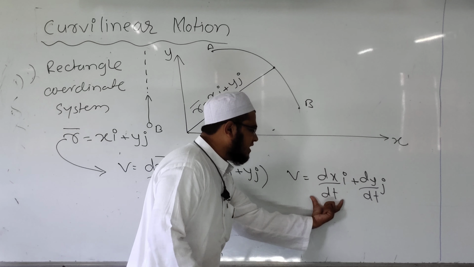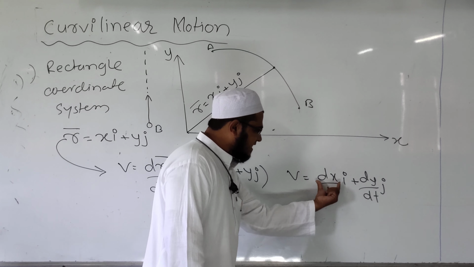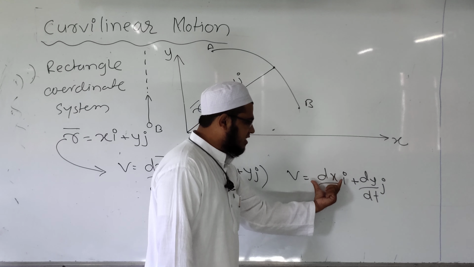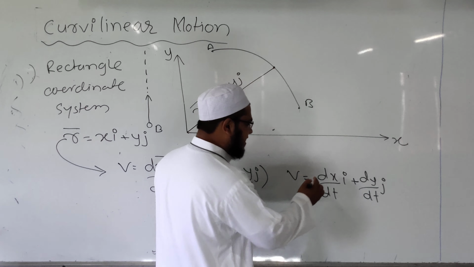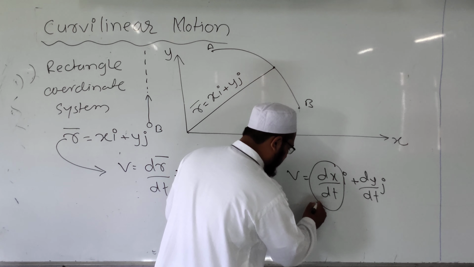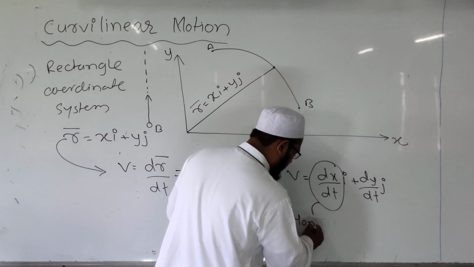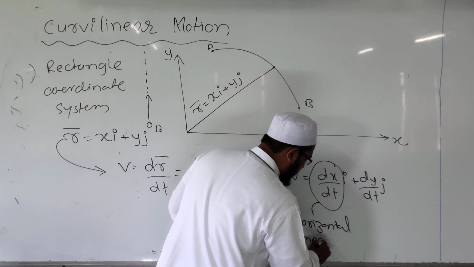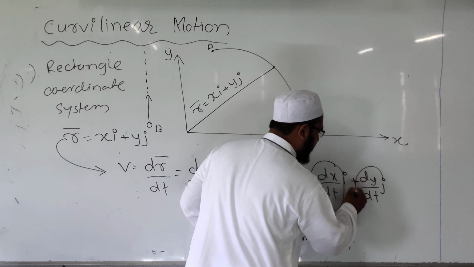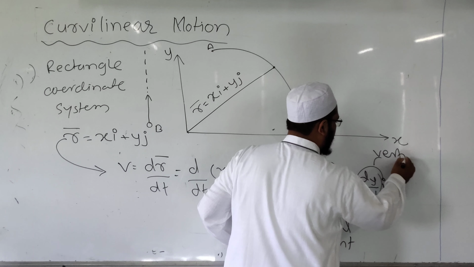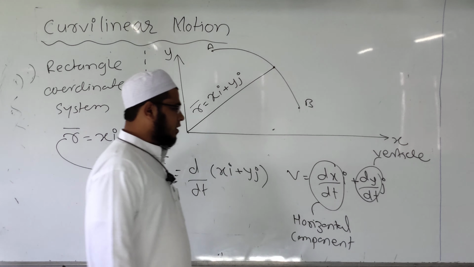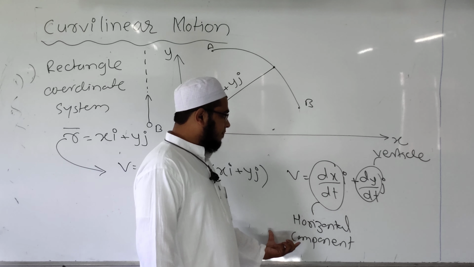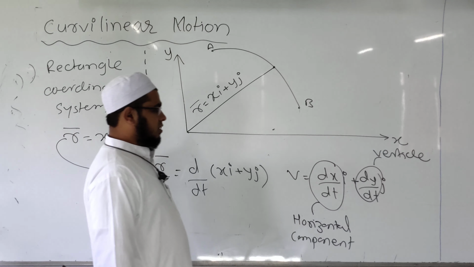What is this dx by dt? x is horizontal displacement. This dx by dt is the horizontal component of the velocity, and dy by dt is the vertical component of the velocity, and horizontal and vertical components are perpendicular to each other.